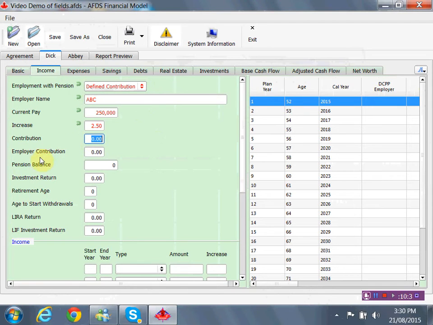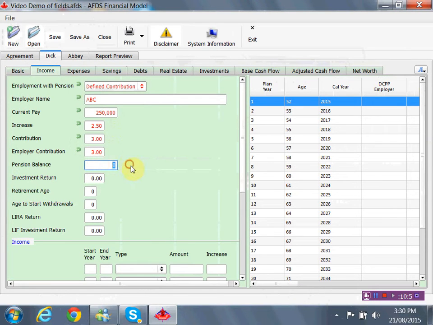Then this contribution is his contribution to the pension plan and then the employer's contribution. So if you put in a percentage, that would be the percentage on his $250,000.